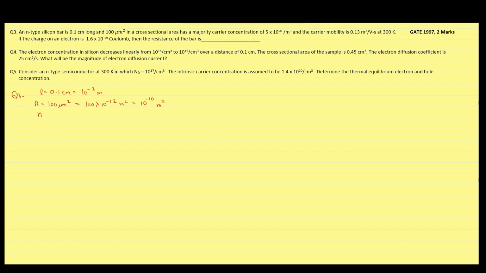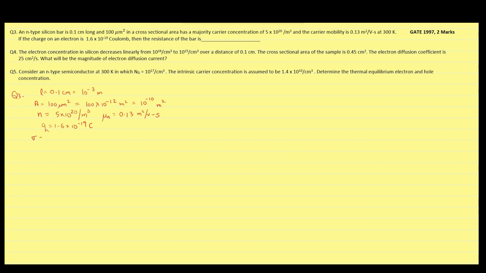Majority carrier concentration, which is electron concentration, is equal to 5 into 10 raised to the power 20 per meter cube. Mobility of free electron is provided 0.13 meter square per volt second, and the value of charge Q is provided 1.6 into 10 raised to the power minus 19 coulomb.